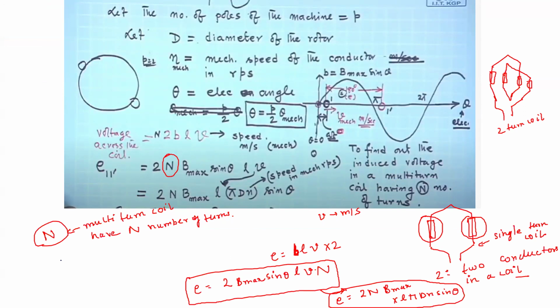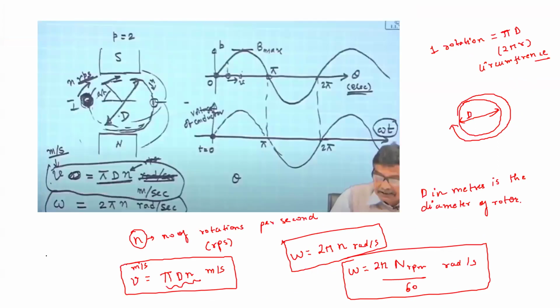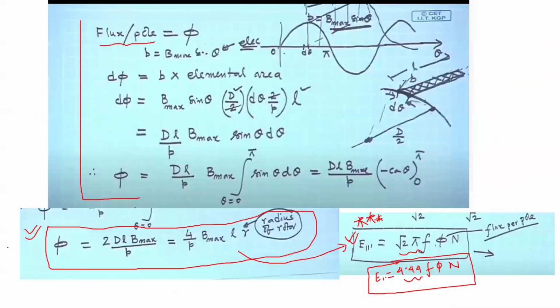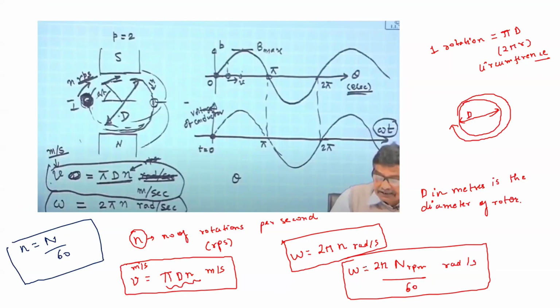And what is the relation between rps and rpm? n is equal to capital N by 60. By replacing these, we have obtained the expression. But remember, this capital N is N in rpm.